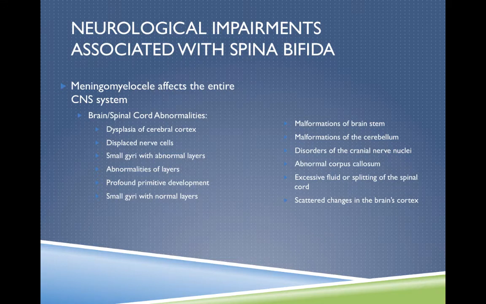Some brain and spinal cord abnormalities include dysplasia of the cerebral cortex, displaced nerve cells, small gyri with abnormal layers or ridges in the cerebral cortex, abnormalities of layers, profound primitive development, small gyri with normal layers, malformations of the brainstem and the cerebellum, disorders of the cranial nerve nuclei, abnormal corpus callosum, which is the part of the brain that connects the two hemispheres, excessive fluid or splitting of the spinal cord, and scattered changes in the brain's cortex.